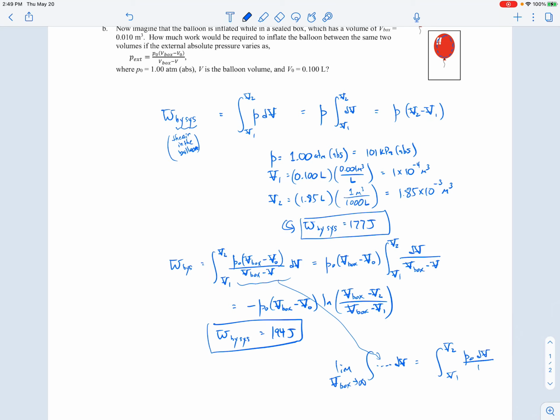So it's just P naught times dV, which is exactly the same as what we have up here, where the P was a constant. So then it would just become P naught times V2 minus V1.